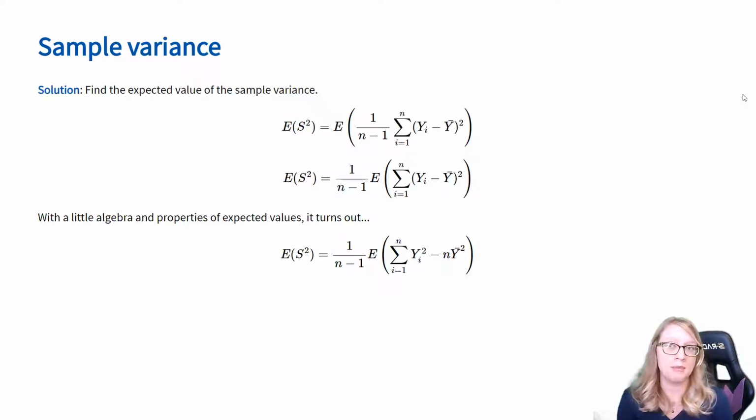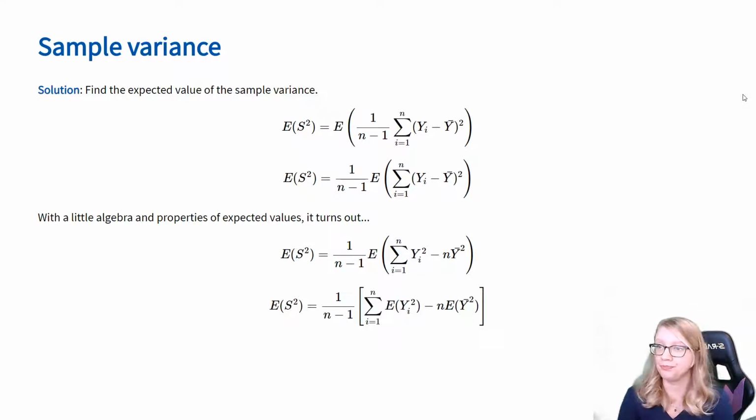Take a look at some properties here, which we'll leave to the viewer. It turns out that when you distribute the square and combine some terms, you get the expected value of the sum of the y squares minus n times y bar squared. So we can distribute the expectation across linear terms.